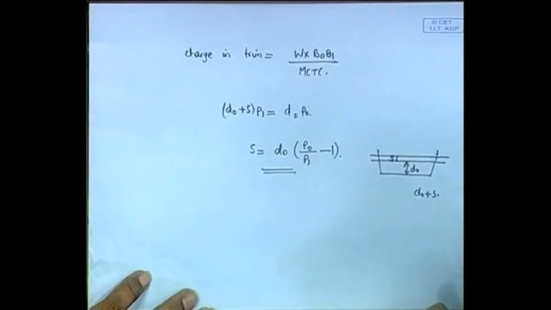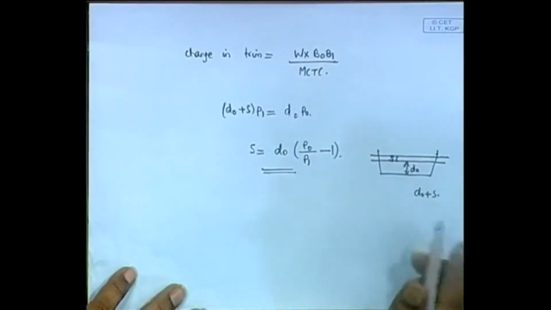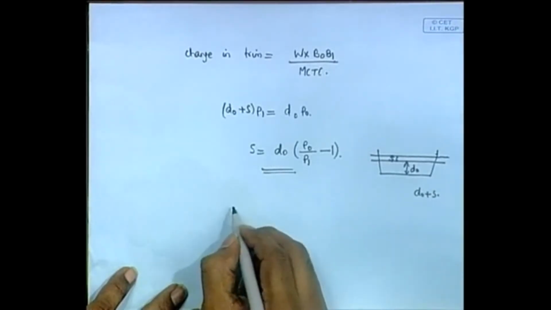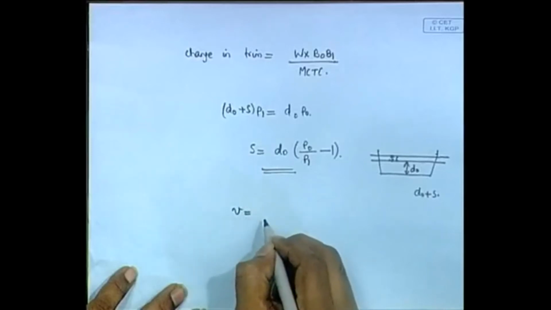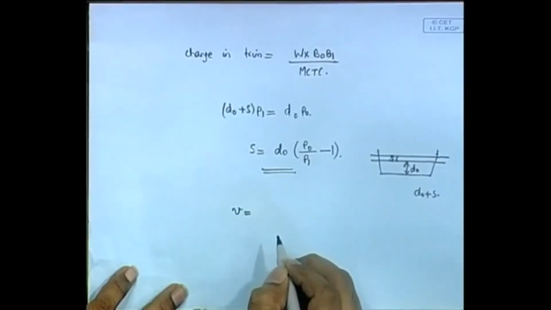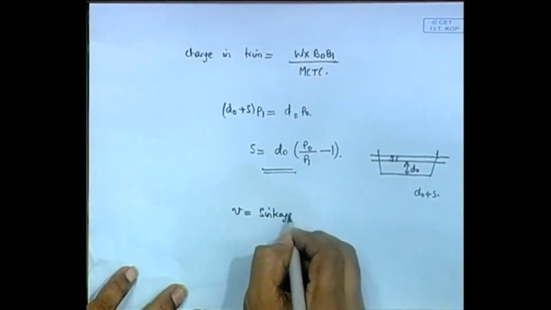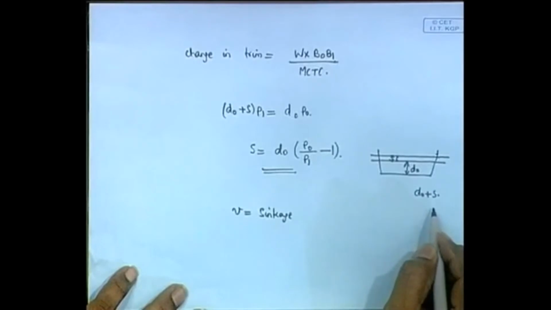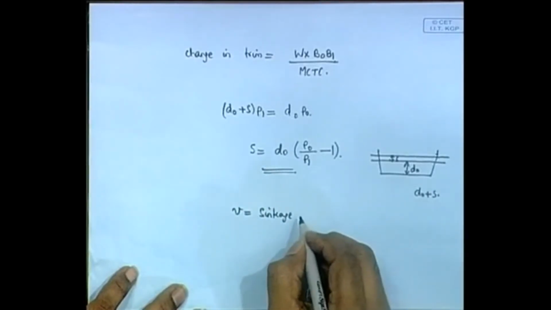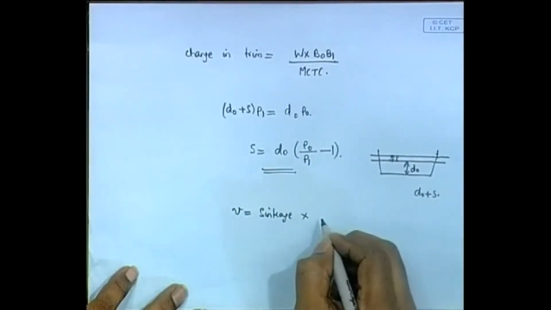Now this increase in volume or the increment in volume can be found from V is equal to sinkage into, actually what should it be?